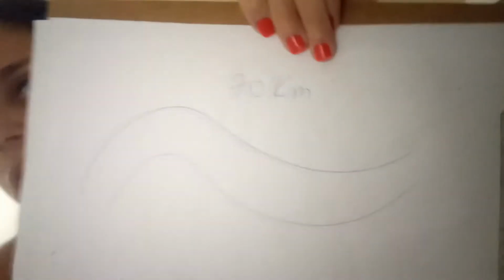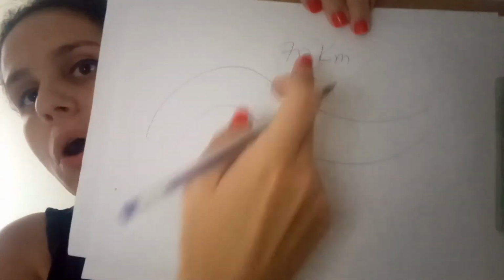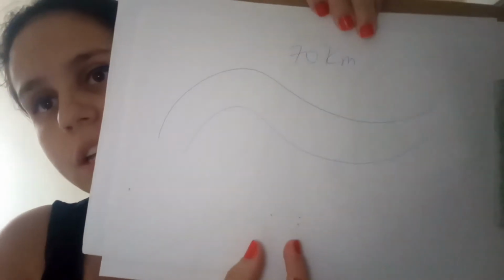For example, if we have a road in Brazil that is 70 kilometers long, I do a scale of 70 kilometers. So I don't need to draw 70 kilometers because I will have much paper. So I draw it smaller, like 7 centimeters.